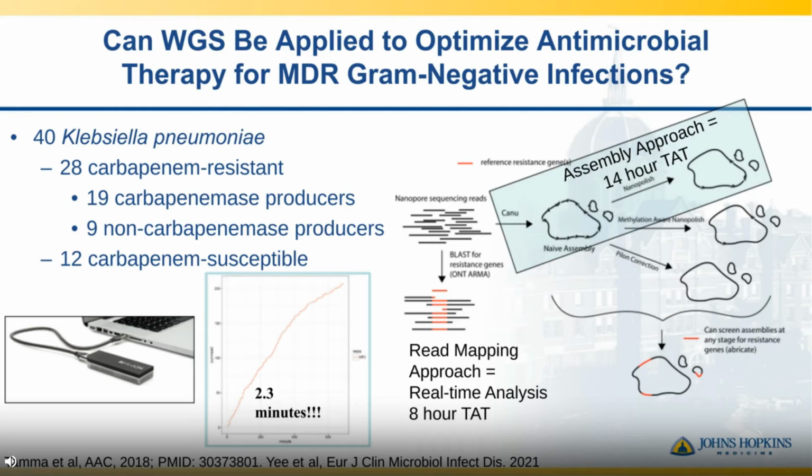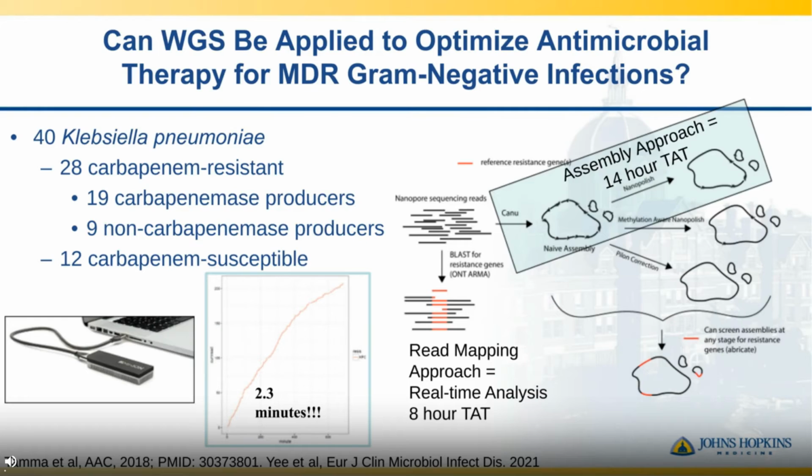However, we know with nanopore sequencing, the long read sequencing, the advantage of long reads I highlighted earlier from a whole genome sequencing perspective is that you can get closed genomes and plasmids, but it also allows for real-time sequencing analysis. As we start the sequencing run, we can already start to analyze the data being produced, unlike Illumina, which requires your sequencing run to be complete.